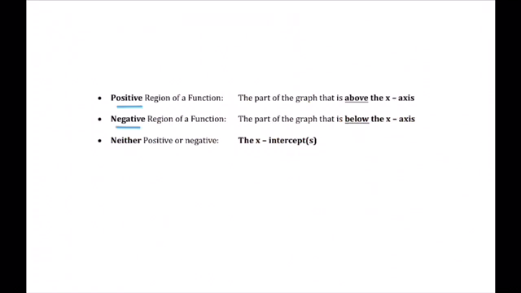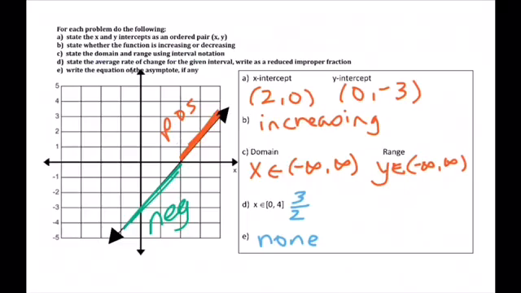So it all has to do with its relationship with the x-axis. At the point where the graph is neither positive nor negative, it's the x-intercept. So again, on this previous example, this point right here, the x-intercept, would not be considered positive or negative.